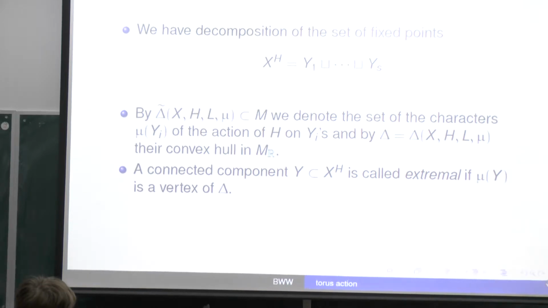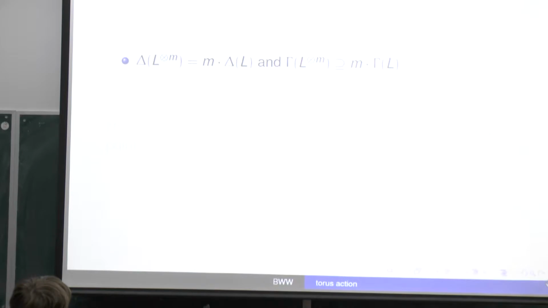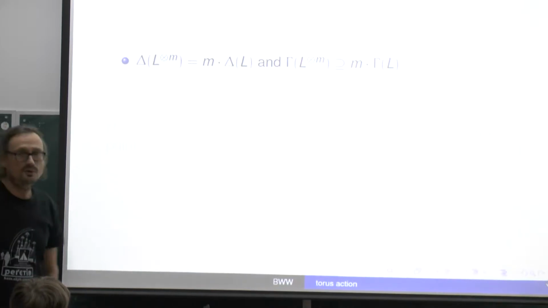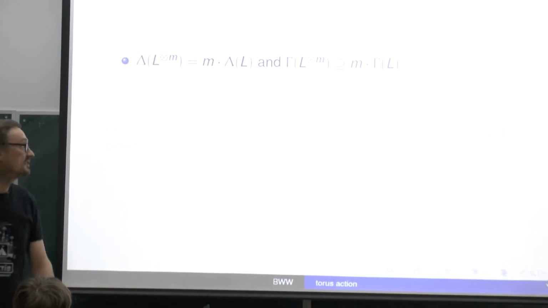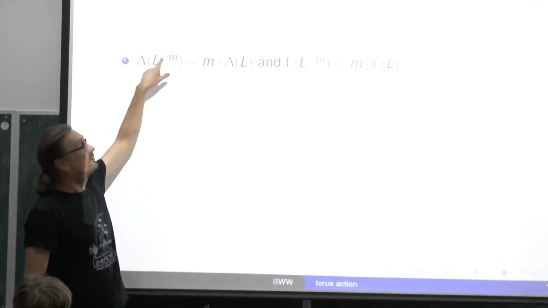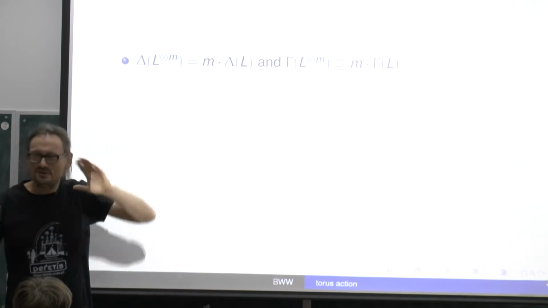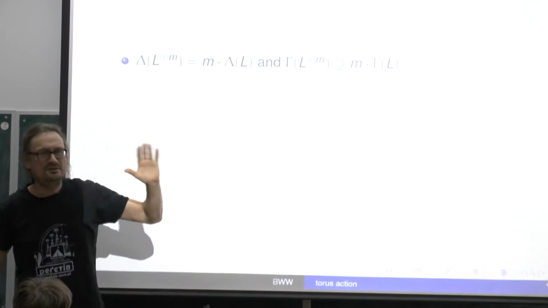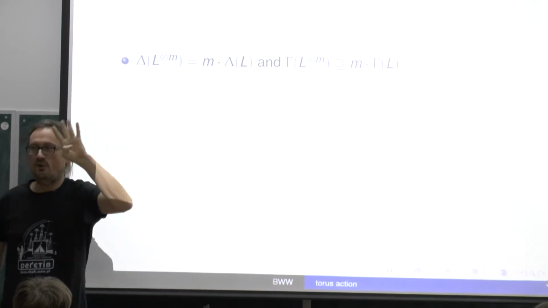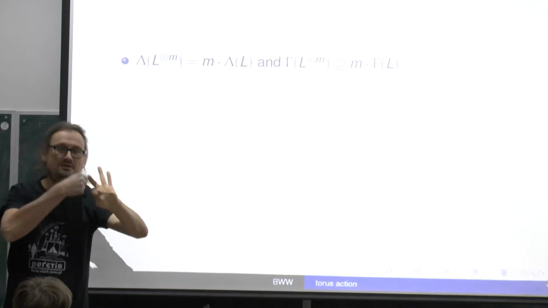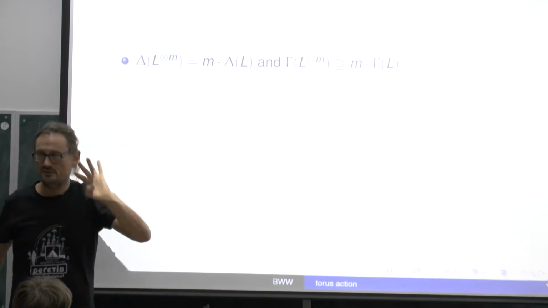Okay? Now there are a few easy observations. So the first observation is that if I multiply L, then the multiple will have, okay, as you see at the very beginning, I use the notation of the four elements: the variety, the torus, the line bundle, and the linearization.